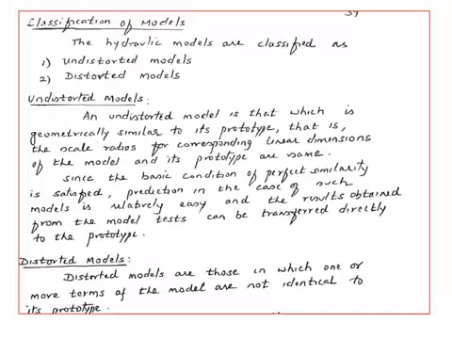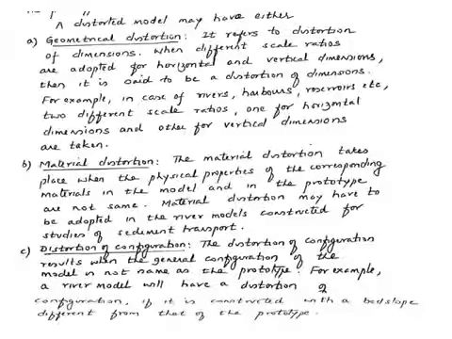Since we are distorting the geometric property, it is known as geometric distortion. It refers to distortions of the dimensions. If different scale ratios are given for horizontal and vertical dimensions, it is said to be distortion of the dimensions, particularly in the case of rivers, harbors, and reservoirs, where one scale ratio is given for horizontal dimensions and another for vertical dimensions.